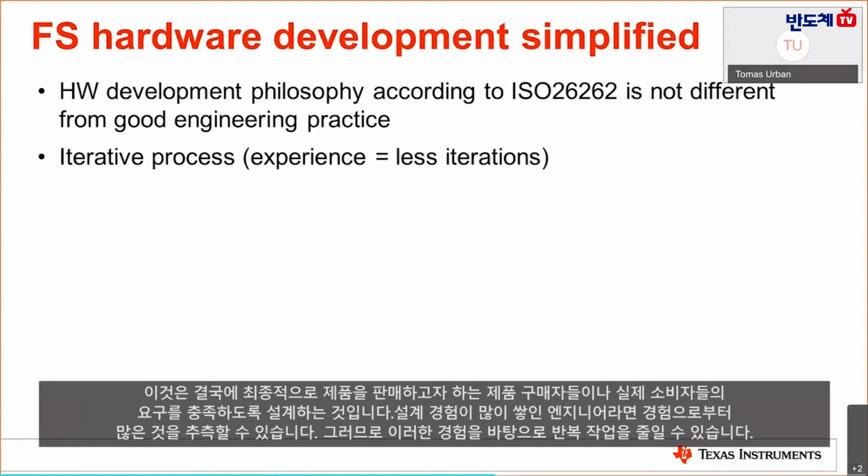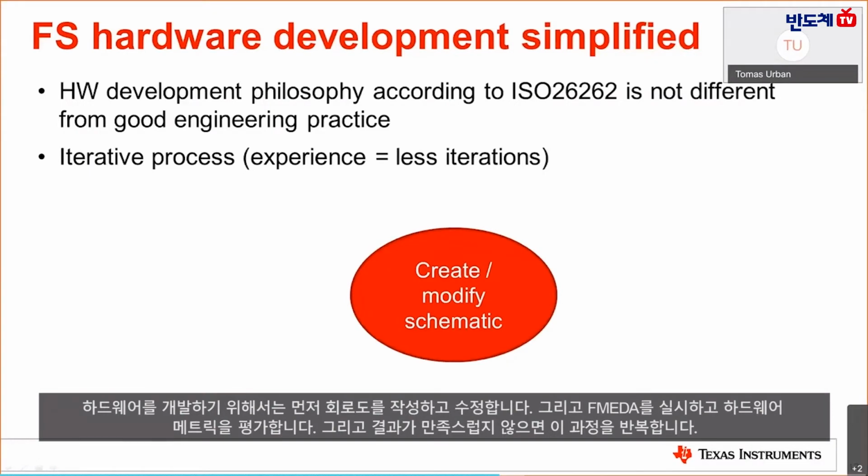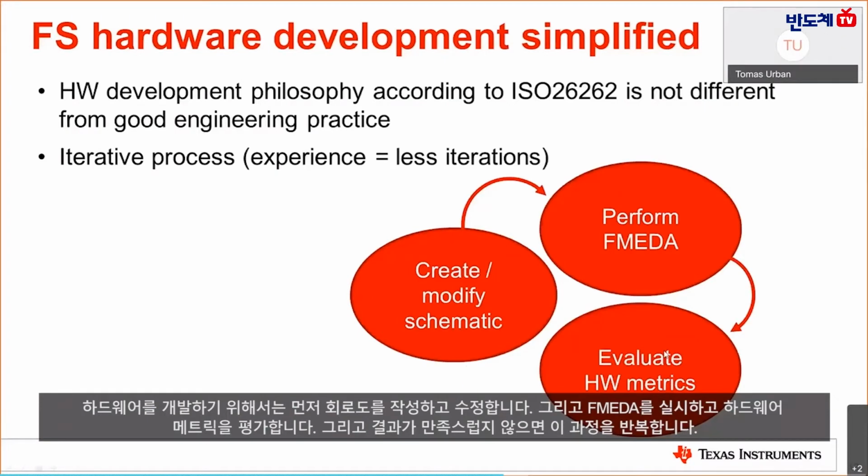But if you're experienced, you may assume a lot of things and use that experience to decrease the number of iterations. In hardware development you create or modify your schematic, perform the FMEDA, evaluate the hardware metrics, and if they are not okay, you do the next iteration.